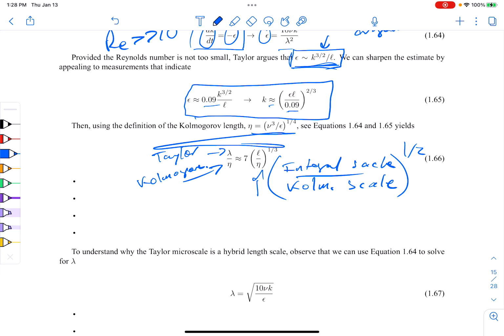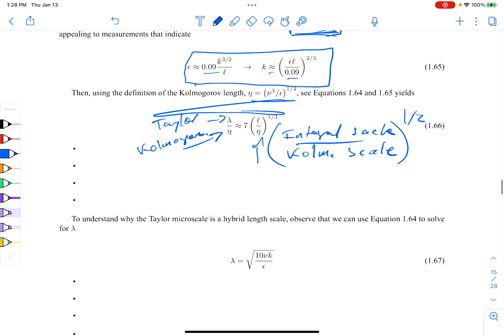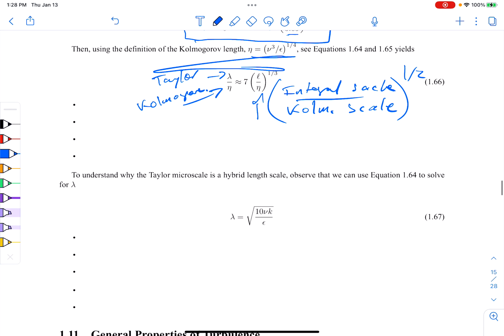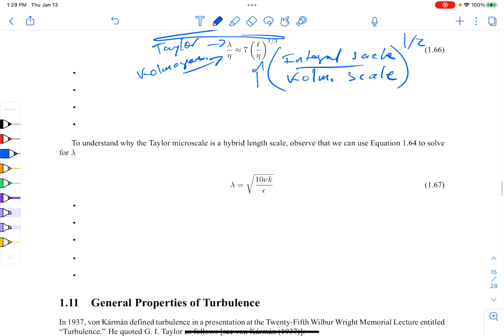And so that's a nice thing, but it won't be extremely useful in turbulence modeling, but it's good to have intermediate scales. And I hope you see why later in the course. Okay, let's go down here. And some people call the Taylor microscale a hybrid length scale because it's not the largest scale of turbulence, and it's not the smallest.